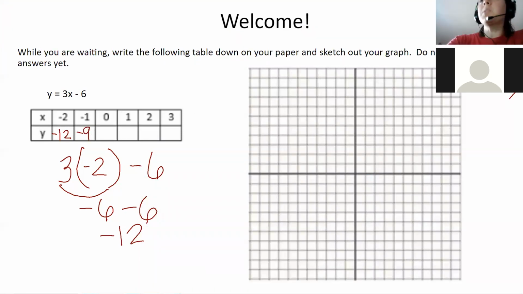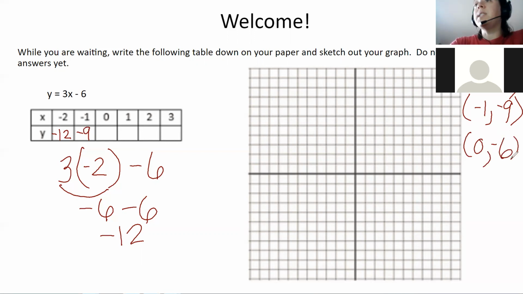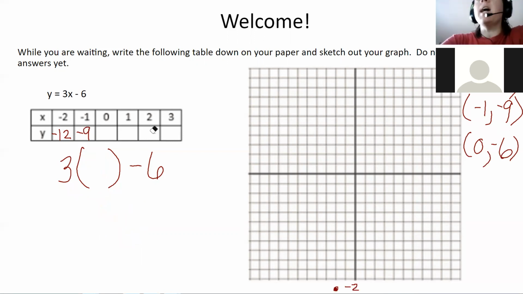And then my next point that I would graph is -1, -9. I could put in a 0. I would get -6. And all this is plugging in a different x value every time to get your y. If I plugged in a 0, I would get 3 times 0 is 0 minus 6.